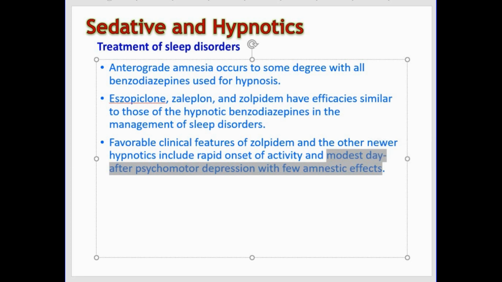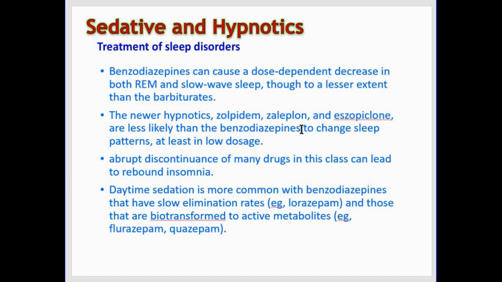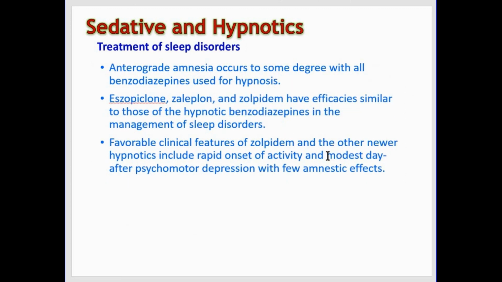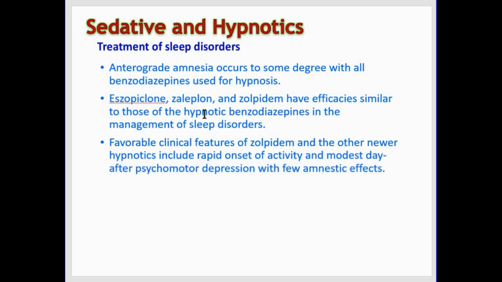Look at the desirable features of a hypnotic drug: it should be rapid onset, and that's what they have. It should not interfere with sleep architecture, and all these Z drugs don't change sleep architecture, at least at low doses. Plus, they don't have much effect on the following day. So that's what you have to consider when deciding which drug to give to a particular patient.